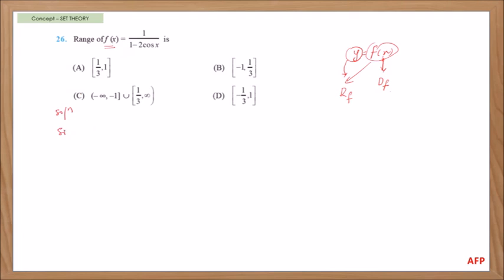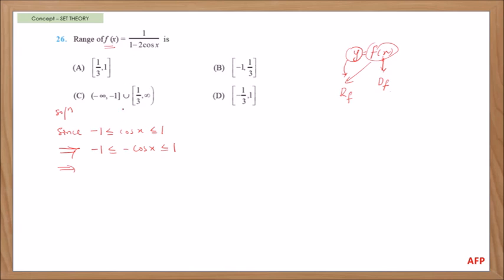What is the range of cos x? The range of cos x is minus 1 less than or equal to cos x less than or equal to 1. If you multiply by a minus sign, the inequality changes. Whenever a is greater than b, if you multiply by minus, the inequality changes.